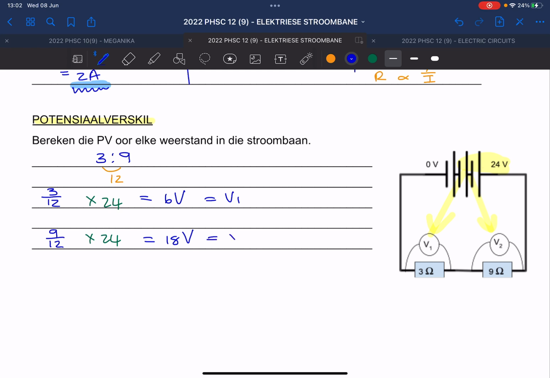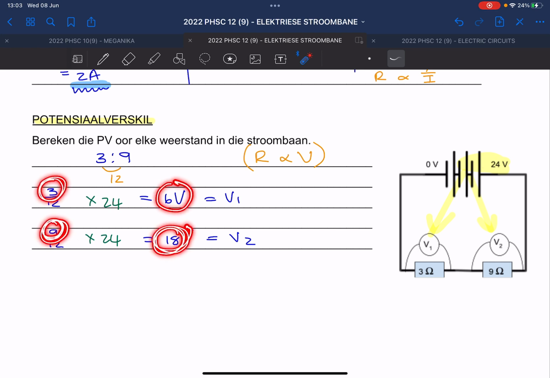V1. And the other one is on V2. Why? Because resistance is directly proportional to volts. So the bigger the resistance, the bigger the volts. Kleiner die weerstand, hoe kleiner die volts. En die ander ene is omgekeerd. Ja. Hoekom ruil hulle? Want hoe moeiliker dit is, hoe minder gaan daardeur.